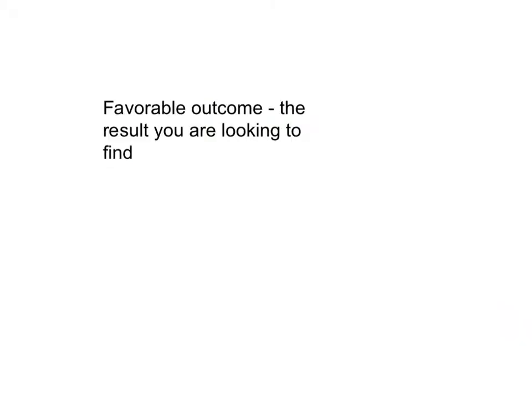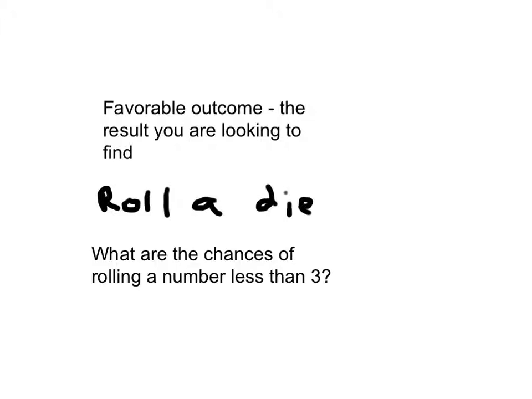A favorable outcome is the result you are looking to find. Here is an experiment. Roll a die. And here's a question where you will be trying to figure out a favorable outcome. What are the chances of rolling a number less than 3? The possible outcomes, there are 6 of them: you could roll a 1, 2, 3, 4, 5, or 6.